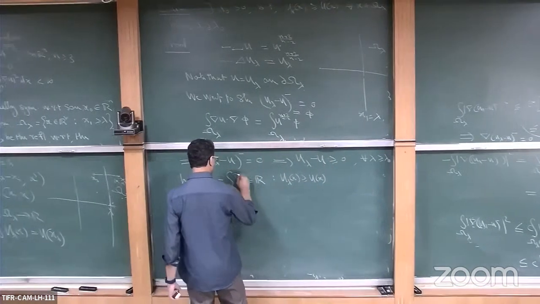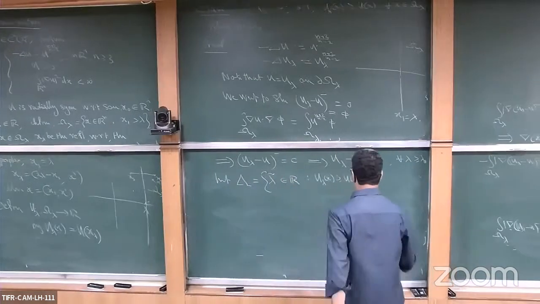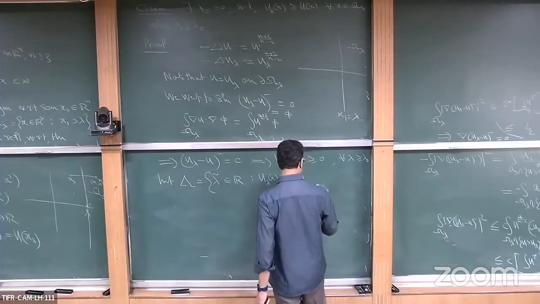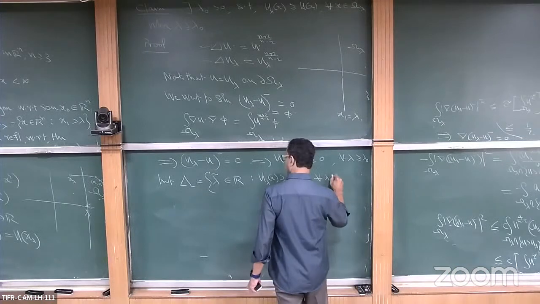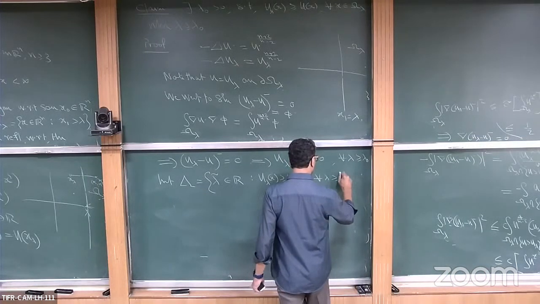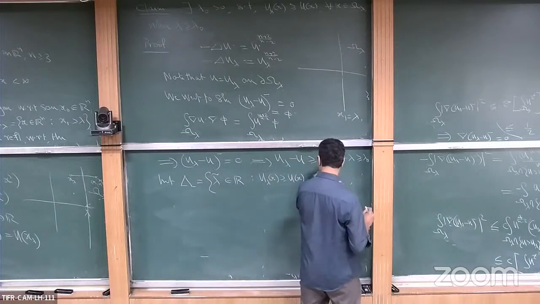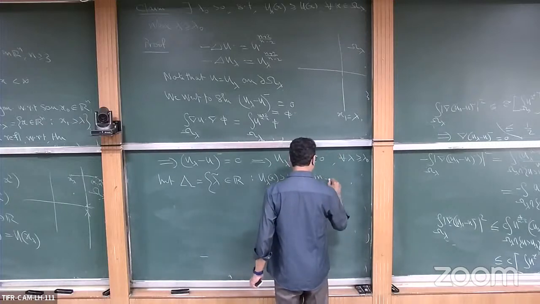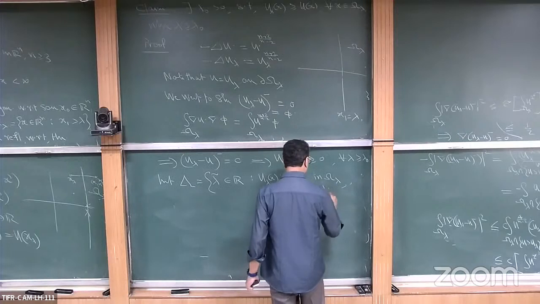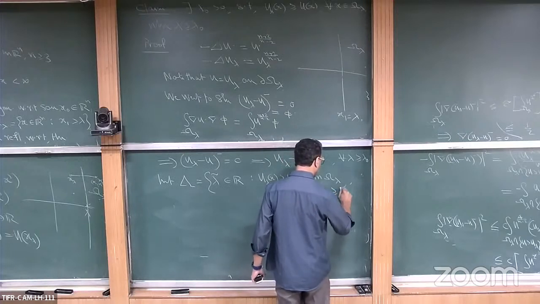Lambda naught I already used. Lambda delta in R such that u_lambda(x) is greater than or equal to u(x) for all lambda greater than or equal to lambda delta, and this has to be true. Maybe I'll call it capital Lambda, for all lambda greater than or equal to.